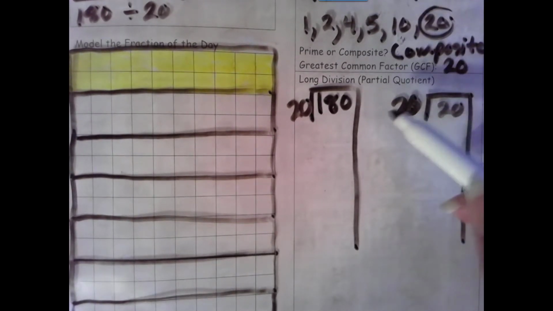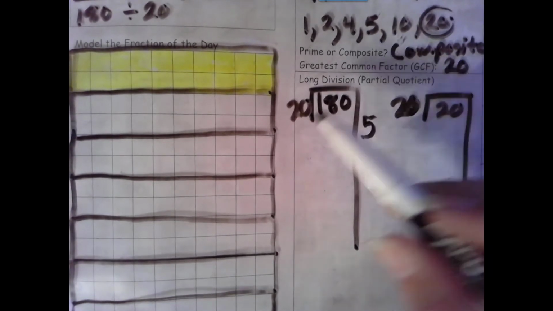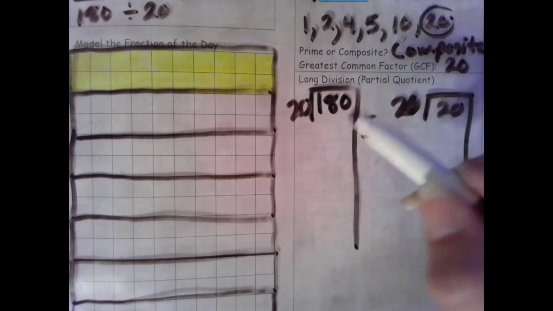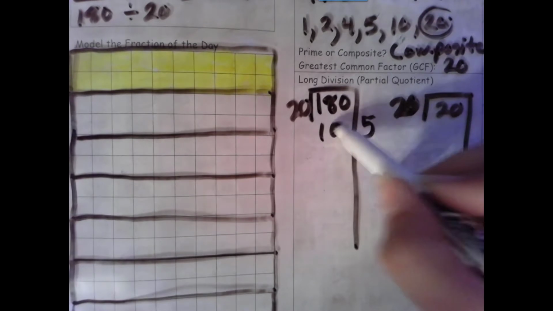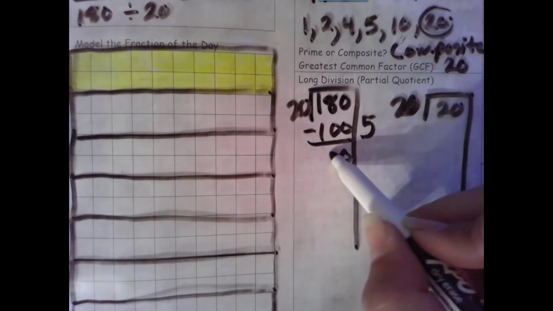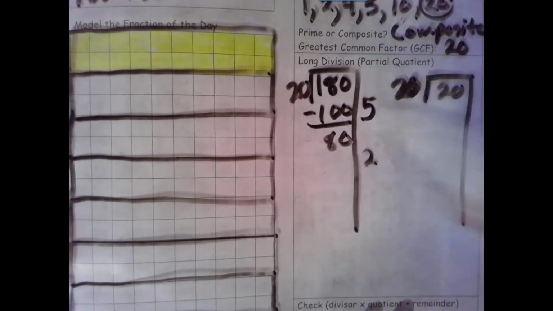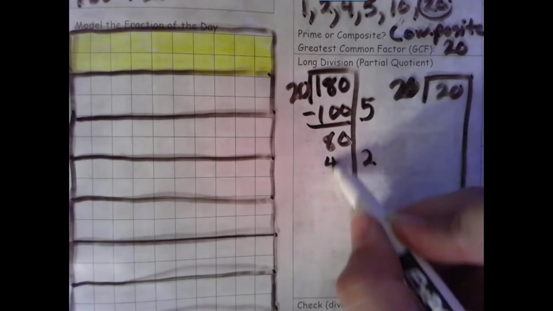Alright, I know that 20 nickels makes $1, so 20 times 5 is 100. Numbers the same, zeros a game, more on top, no need to stop. I'm going to do 2 times 20, because if I double that, I get 40.